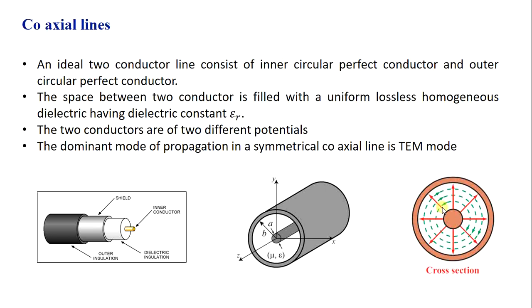So if your thumb is pointing inside the screen, the curled fingers will be in this direction. So this will be the magnetic field direction, and the electric fields will be emerging out from the inner conductor.